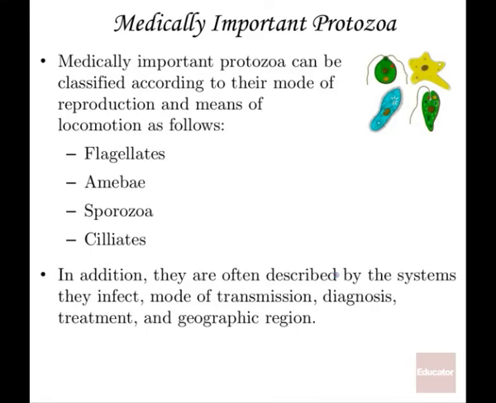There are far more protozoa that live, of course, in nature, but we're not focusing on those. Again, it's just like the fungi. We're really focusing on the diseases that infect the human host. But also these protozoa can certainly be classified by the systems they infect, by the mode of transmission, by how they're diagnosed, by how they're treated, and the geographic region in which they're found.